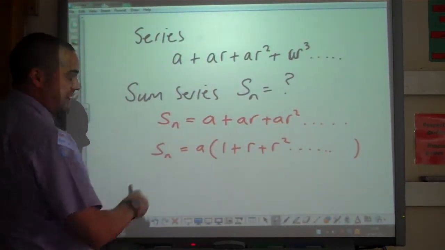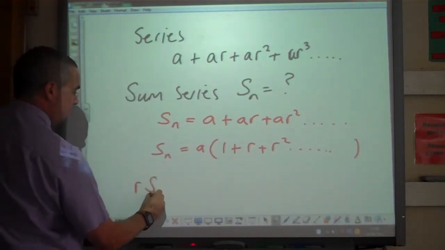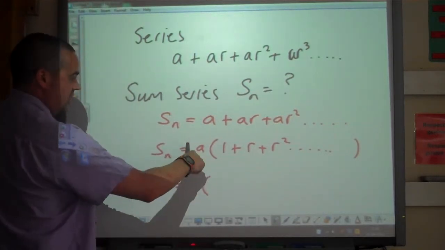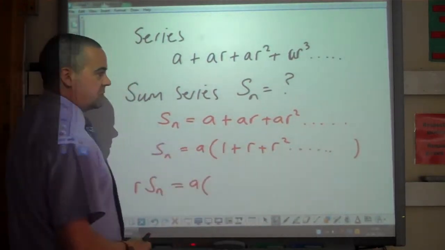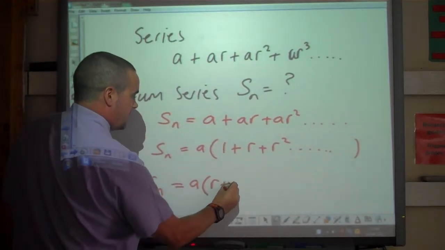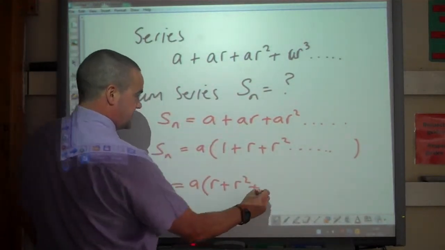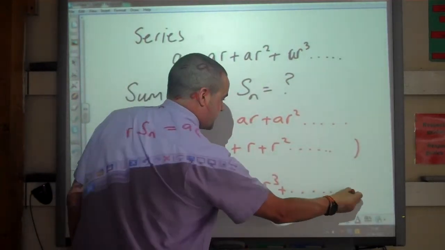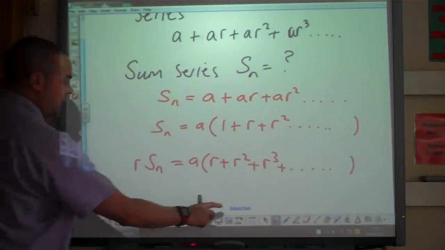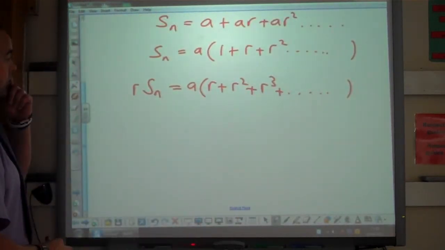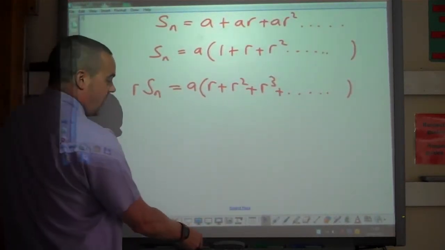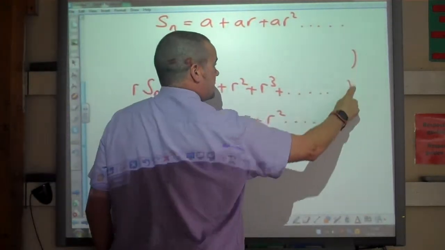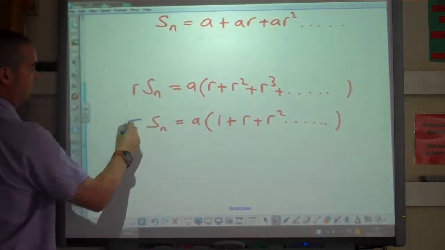Now, if I multiply Sn by R to get R Sn, that gives me A and then times R, but I can just multiply this R and put that into the factor, so that gives me R plus R squared plus R cubed plus etc. Now I want to take one away from the other, so I'm going to take this term away from that term.